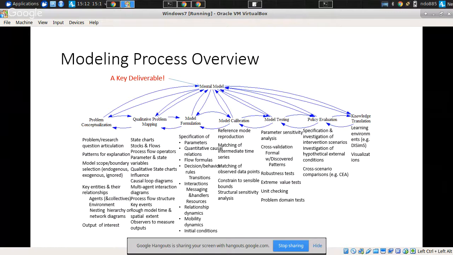Following that, we'll often engage in a process of confidence building about a model, to understand the degree to which it matches empirical data, matches data from the world.